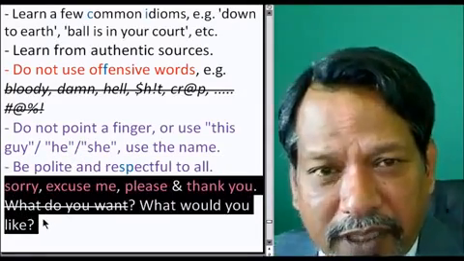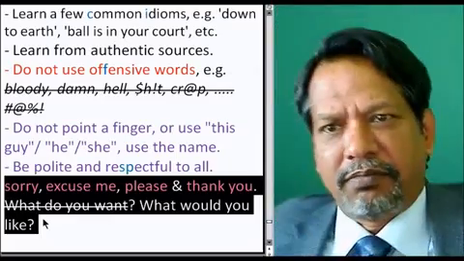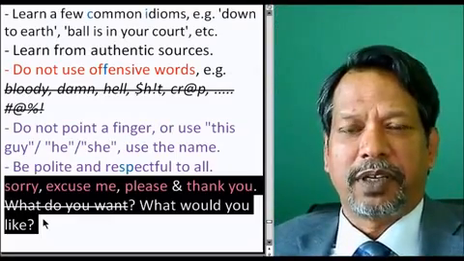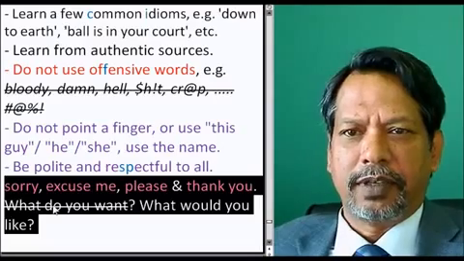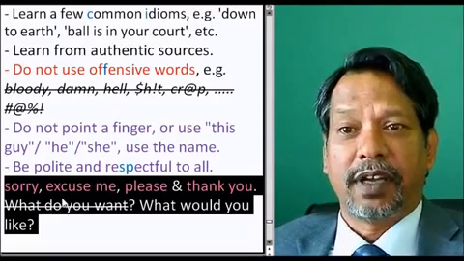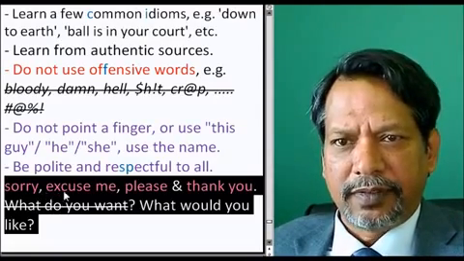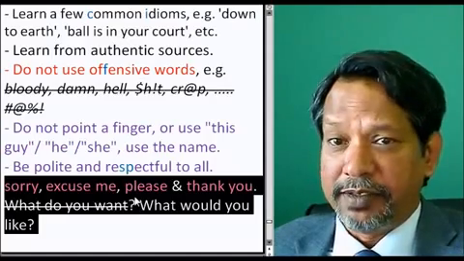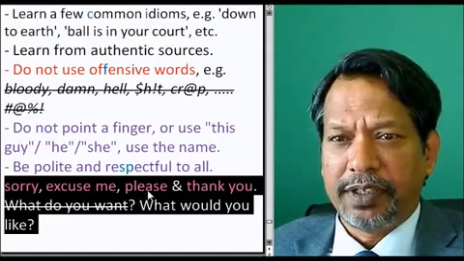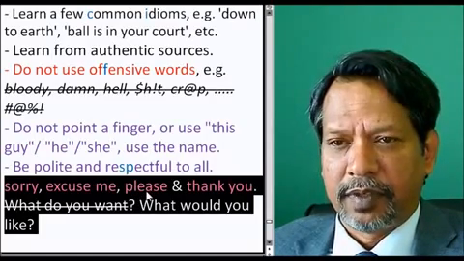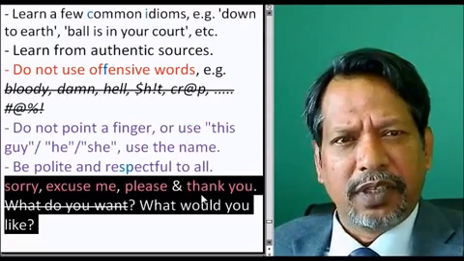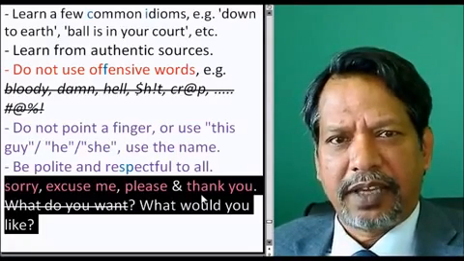If you made a mistake, say sorry. Excuse me. Okay. Excuse me. The sign of civilized people. So it's used very commonly by polite people. Please. It's very important. Please. Okay. One should learn that. Thank you. Somebody does even the smallest favor for you, say thank you.